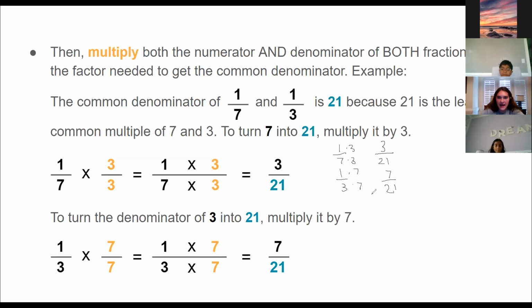So if you need to add 1/7 and 1/3, this is a great way so you can combine these fractions without having to worry about the denominator. So if you were to add 1/7 and 1/3, it will be 10/21, yeah.